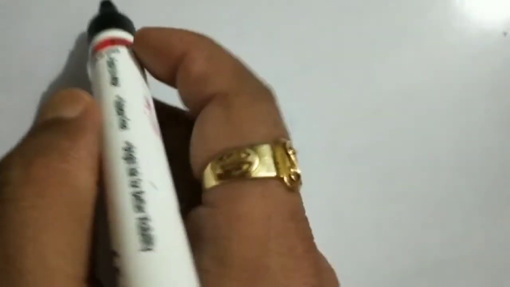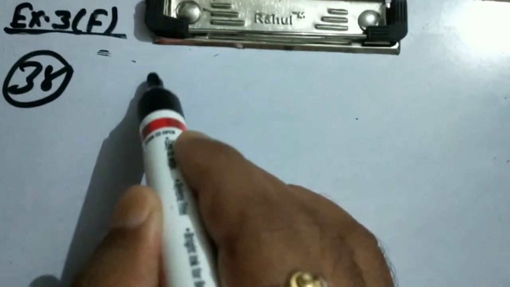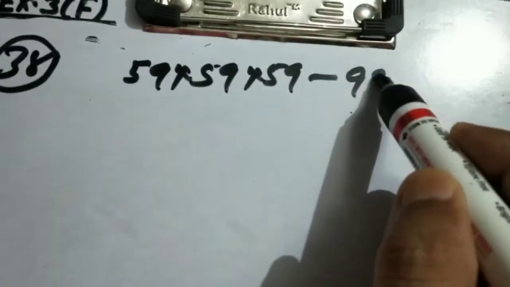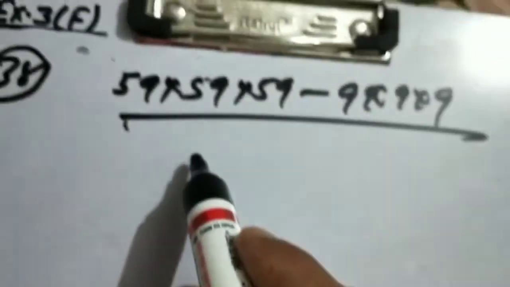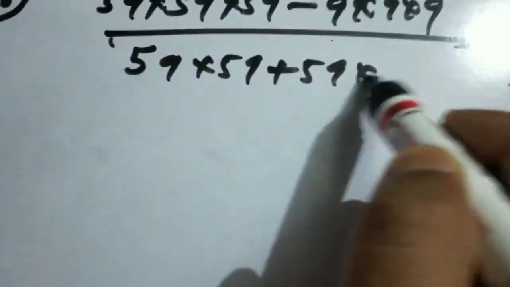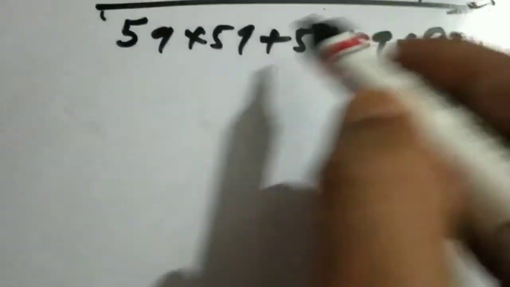The last question is given in the form of 59 into 59 into 59 minus 9 into 9 into 9, upon 59 into 59 plus 59 into 9 plus 9 into 9, is equal to 50.